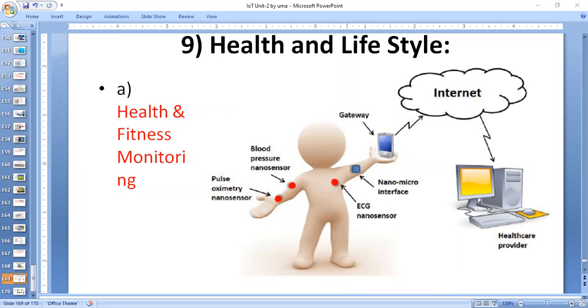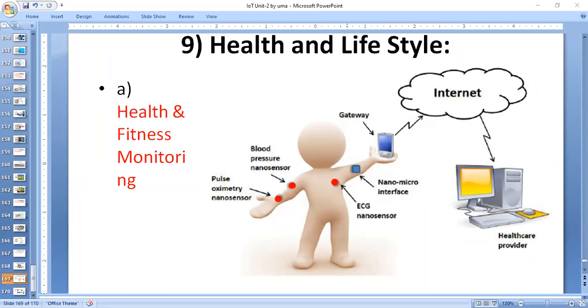Here, wearable IoT devices allow non-invasive and continuous monitoring of parameters that can help in continuous health and fitness monitoring. These wearable devices may be in various forms such as belts, watches.